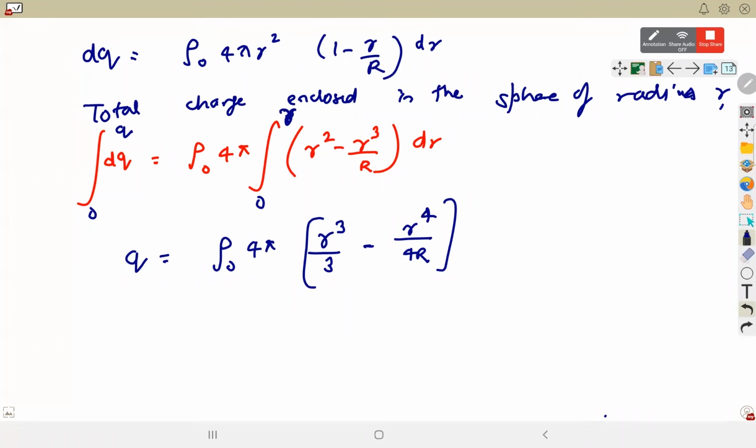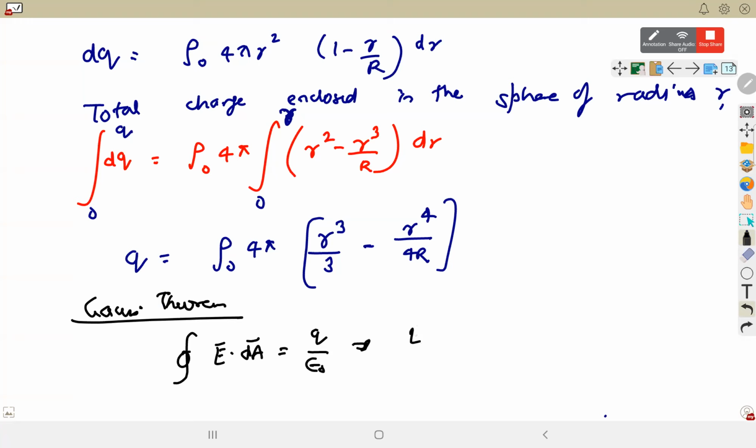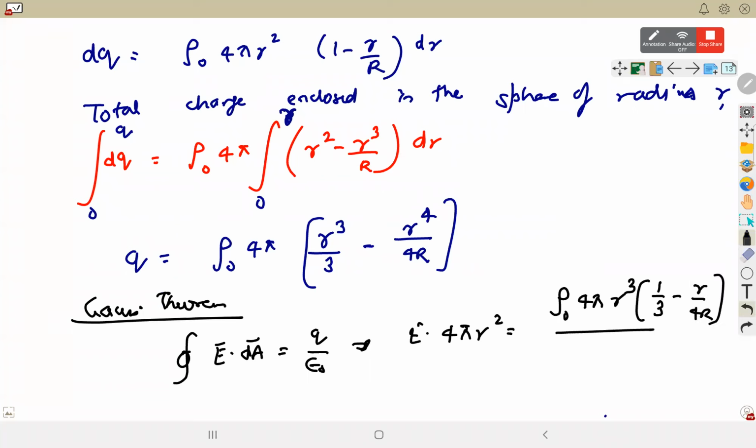Now apply the Gauss theorem. Use the Gauss theorem to find the electric field at those points. E dot dA is equal to total charge enclosed upon epsilon naught. So E into 4 pi r square is equal to rho naught into 4 pi, taking r cube common, 1 by 3 minus r upon 4R, divided by epsilon naught.